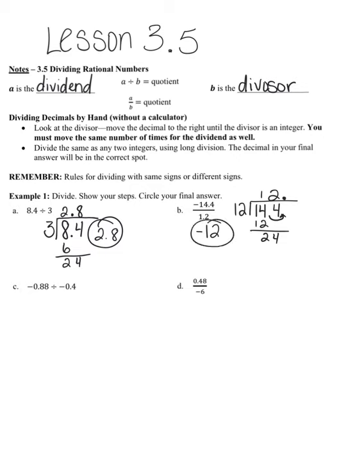And then we have part C, where we've got negative 0.88 divided by negative 0.4. So again, I do have a decimal in my divisor, so I am going to need to move the decimal point in my dividend as well. So if I move it over here, I'm also going to move it here.